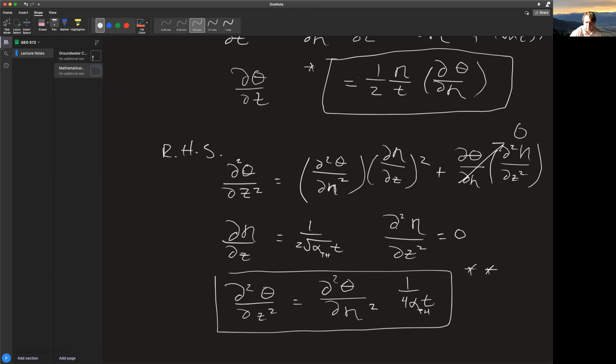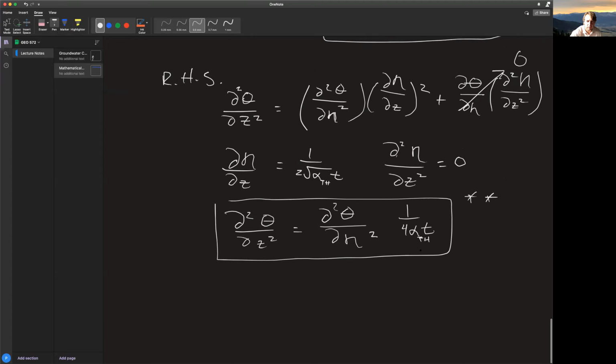Now we can write our left-hand side and our right-hand side.